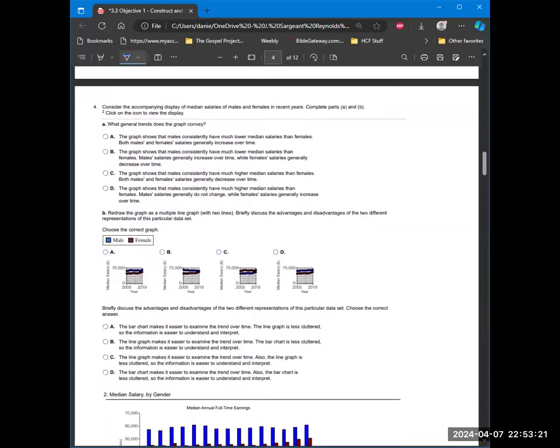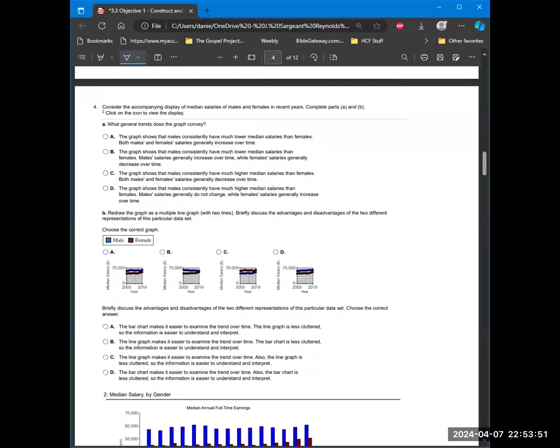Let's move on to question number 4. Consider the accompanying display of median salaries of males and females in recent years, and complete parts A and B. What gender trends does the graph convey?